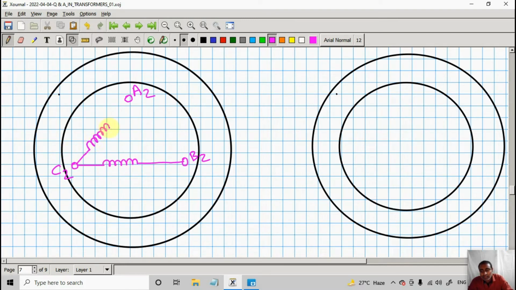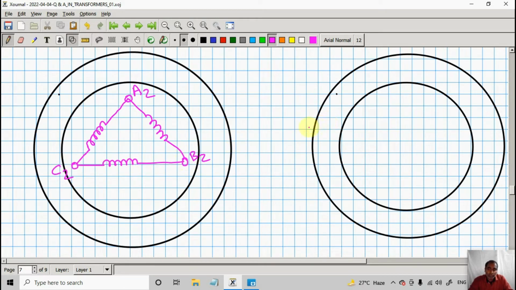The capital D suggests the high voltage side. With a purpose we have not written the other terminals of phase A, that means A1. We have written only A2. Likewise we have written only B2, and the same goes for phase C.